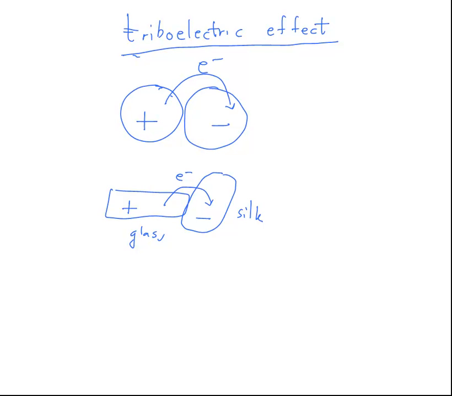Because if friction were the only thing doing this, then you could have electrons moving from glass to silk, but you could also have electrons moving from silk to glass. The causes of the triboelectric effect are slightly more complicated than that. But the thing is, the triboelectric effect is not in our syllabus, and so out here we're not going to discuss it. You can always Google it, Wikipedia it, and you should be able to find stuff on it.